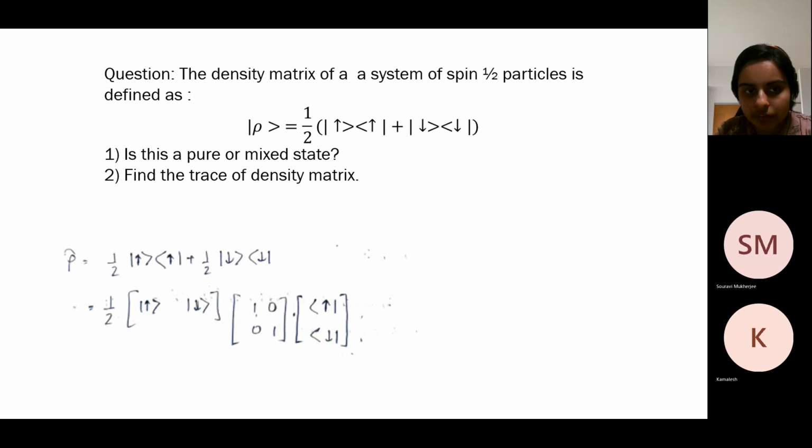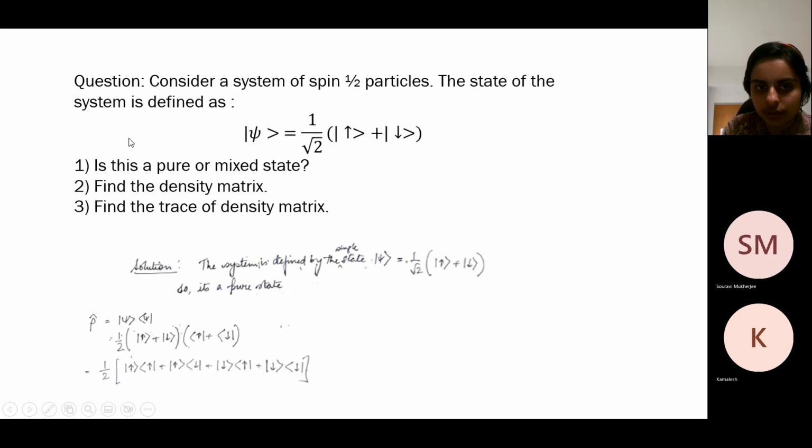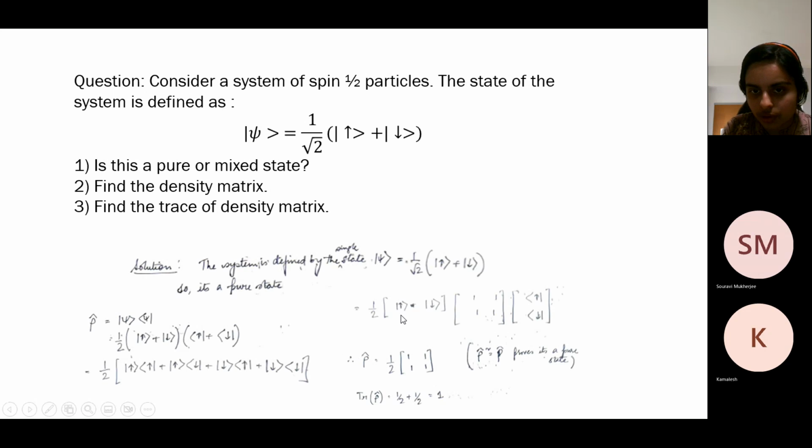See, when you are defining the density matrix, what is the definition? If you look at the definition, this is how you are defining it, right? So for your question, this p_i is half for both the cases, right? So that term remains. When you find rho, what is rho?